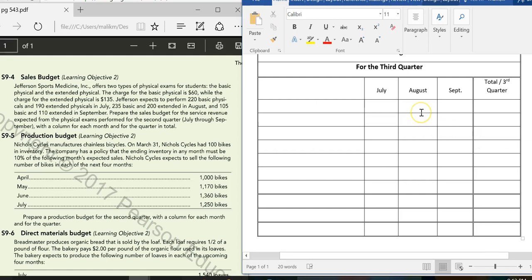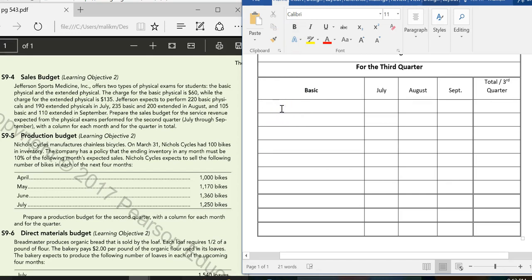They basically have two types of services: one is the basic and another is the extended. So I will write down the basic one first. First we are going to do the basic one and then we'll do the extended one.